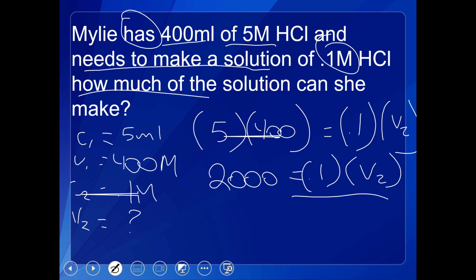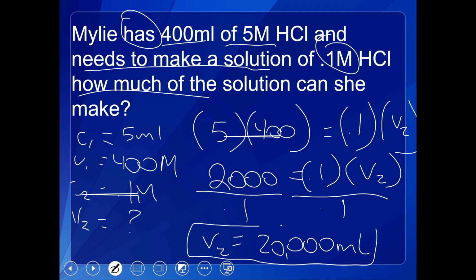And we're going to divide by that 0.1. What we do to one side, we have to do to another. And you will get V2 equals 20,000 milliliters. Box your answer and move on.